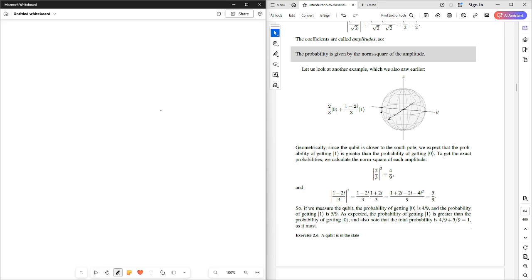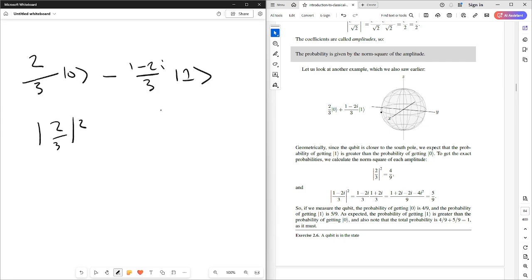We can see we've got 2/3 in state 0, and 1 minus 2i over 3 in state 1. So the norm squared of our amplitudes gives us the probability for each one.